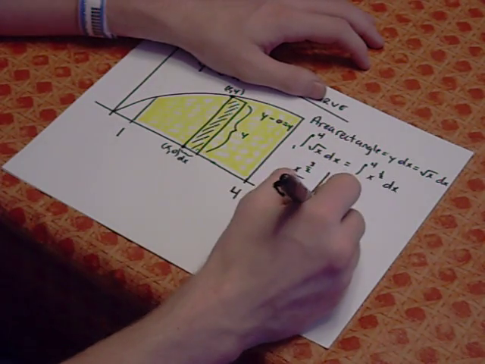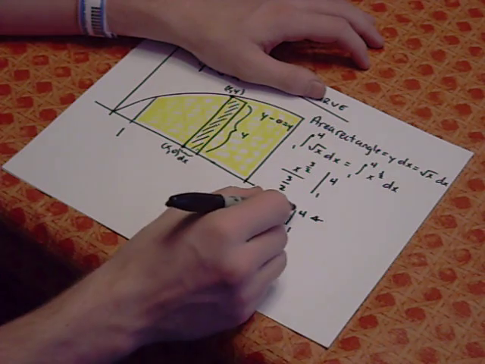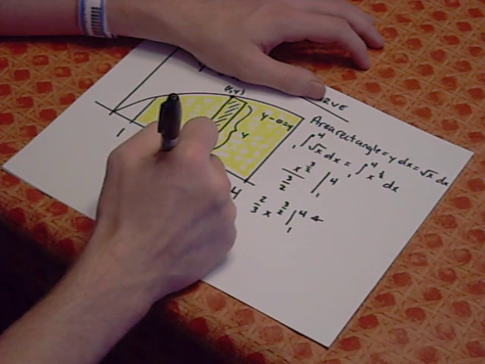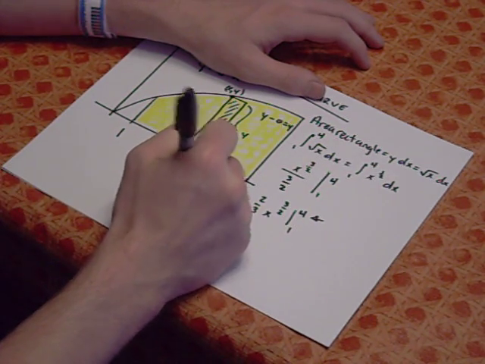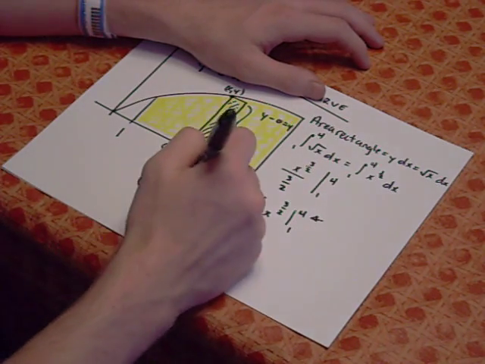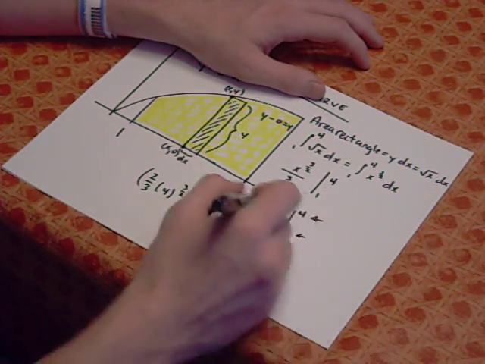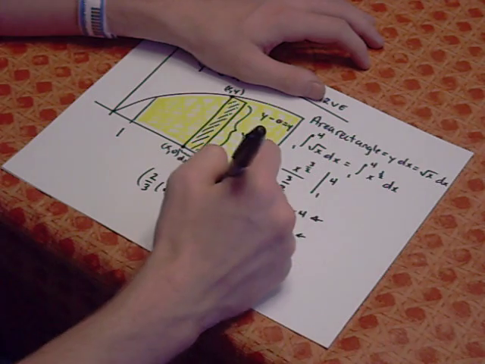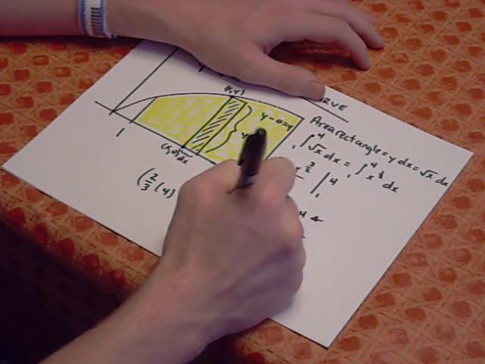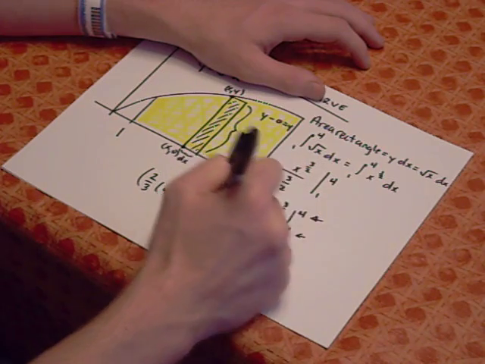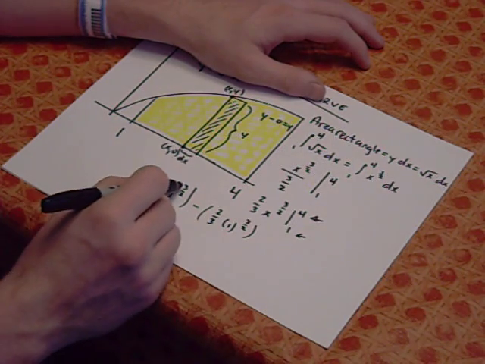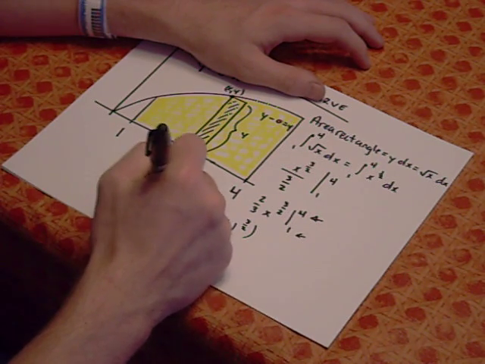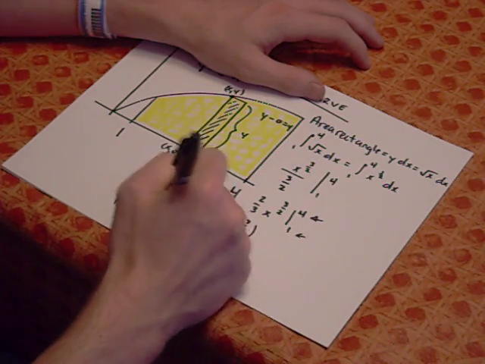And to do that, you plug in your top number first for your x, and from that you're going to subtract the same equation with your 1 substituted. Okay, this 4 to the 3 halves is also like saying the square root of 4 cubed.